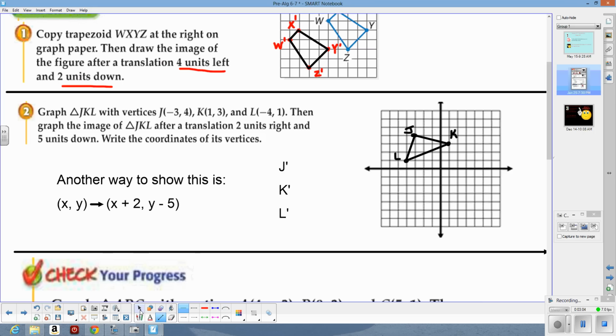And now we want to translate it 2 units to the right and 5 units down. So we're going to take each point and move it 2 to the right and 5 down. So L goes 2 to the right and 5 down.